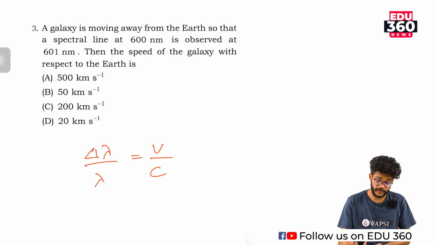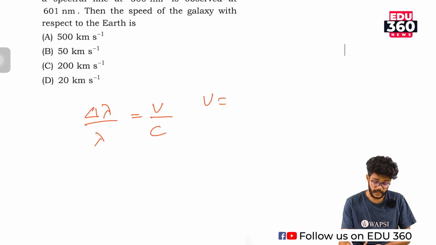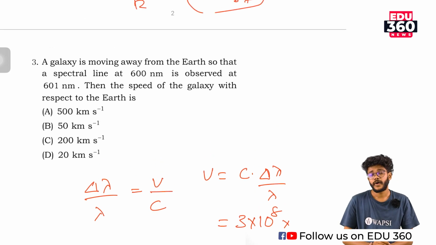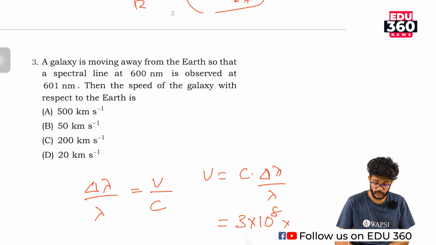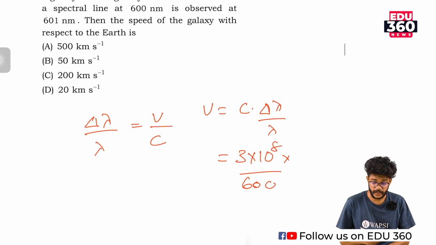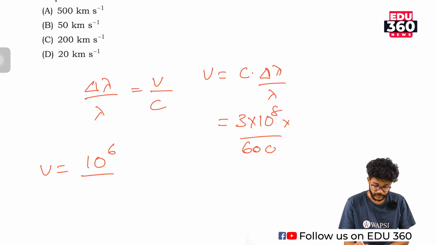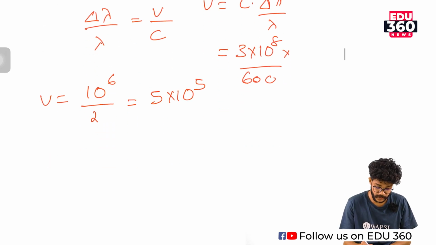So v is equal to c into change in lambda by original lambda, and c is 3 into 10 raised to 8, multiplied by change in lambda, which is 1 nanometer, divided by 600 nanometer, which means velocity is 10 raised to 6 by 2, which is 5 into 10 raised to 5 meter per second.